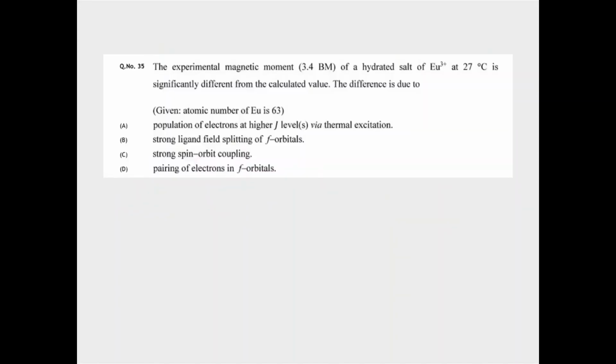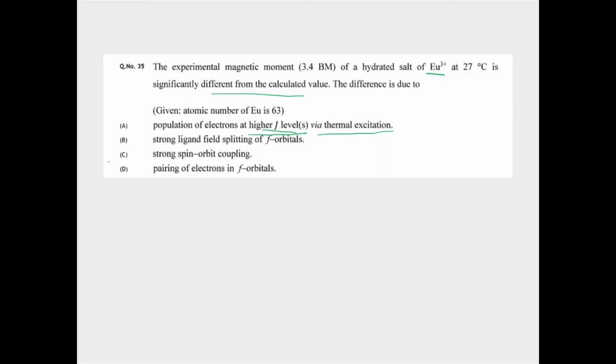So therefore, in this question, where the experimental magnetic moment of the hydrated salt of europium 3 plus is different from the calculated value, the correct option will be population of electrons at higher J levels via thermal excitation.